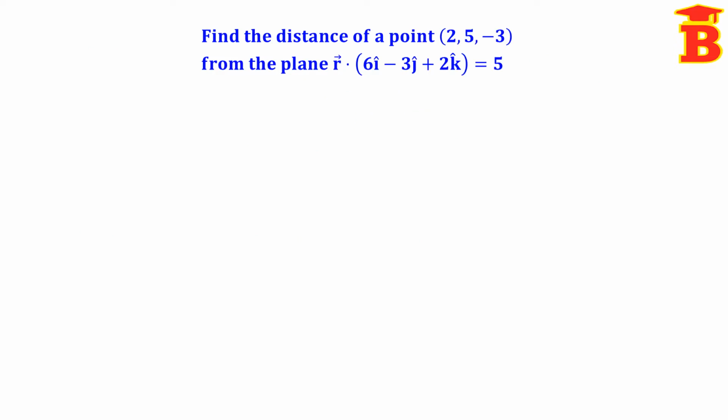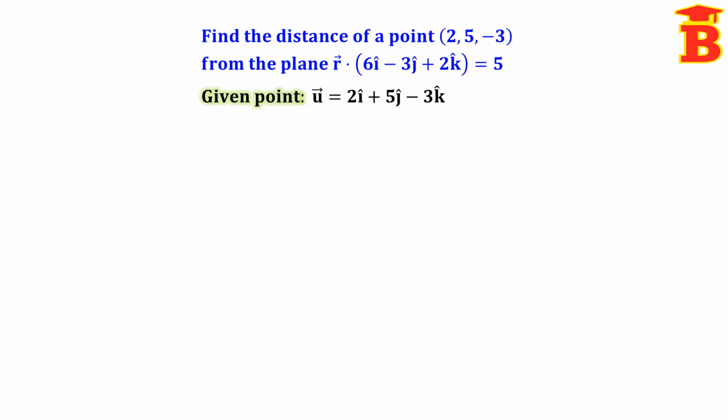Now let us see the problems. Find the distance of a point (2, 5, -3) from the plane r vector dot (6i minus 3j plus 2k) equal to 5. Here the point is taken as u vector, that is equal to 2i plus 5j minus 3k.